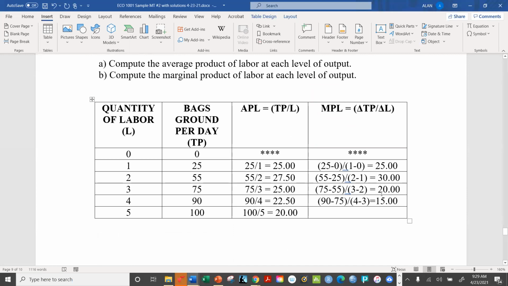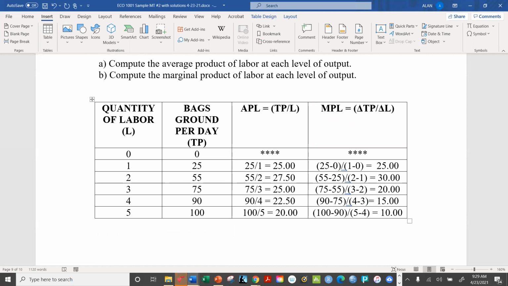If you notice the marginal product, it went up a little bit and then suddenly it started falling, which is what you would expect. The average product did the same thing, went up for a while and then started coming down. Then we have 100 minus 90 over 5 minus 4, which is 10.